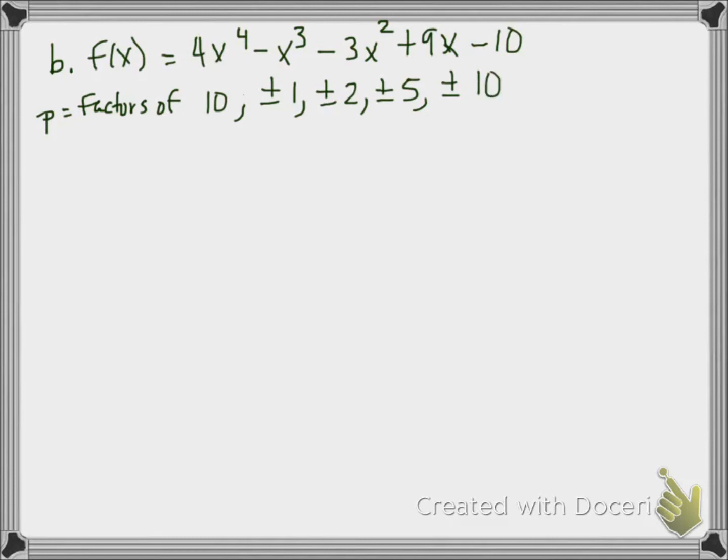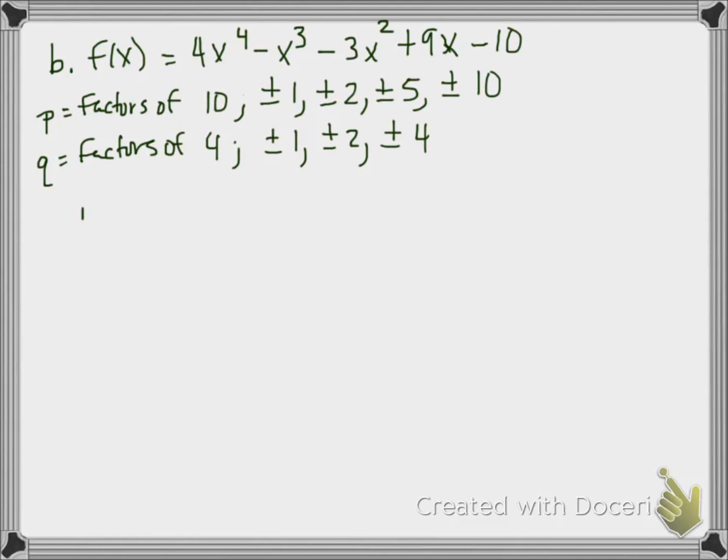In this case, Q is the leading coefficient, the coefficient of the first term, which is 4. So for 4 you could get 1, or 2, or also 4. Those are your possible factors of Q: plus or minus 1, plus or minus 2, plus or minus 4.